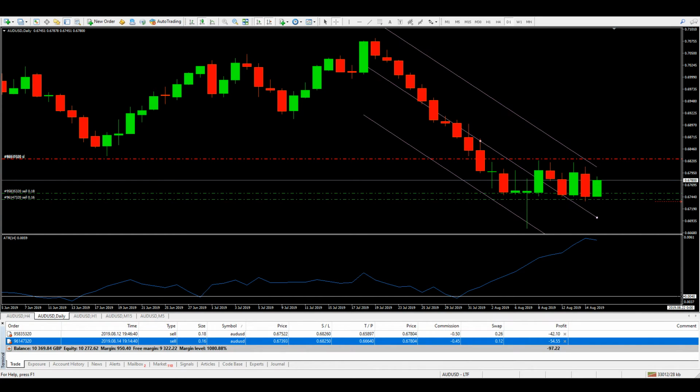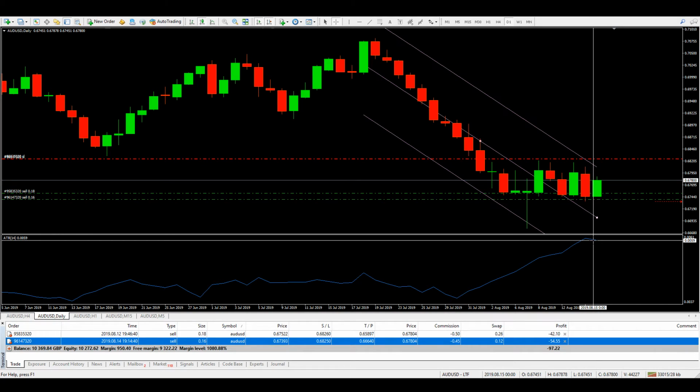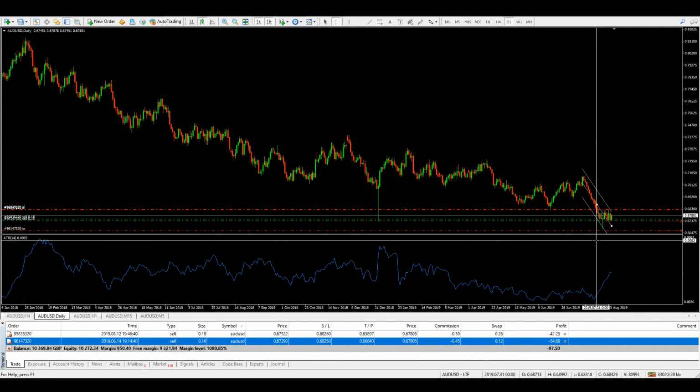I'm just reading that value off from the right hand side. You can see that 0.0040 means 40 pips. Now on today's current candle, it's increased to 0.0059, so about a 20 pip increase on average in what the price has made.